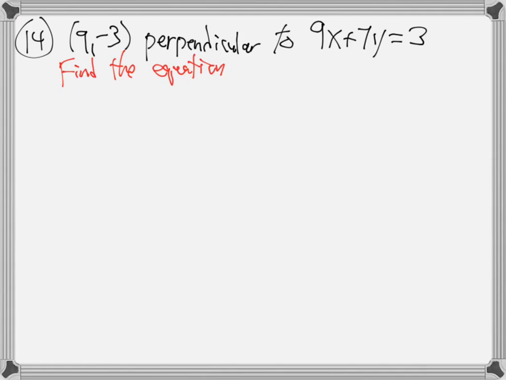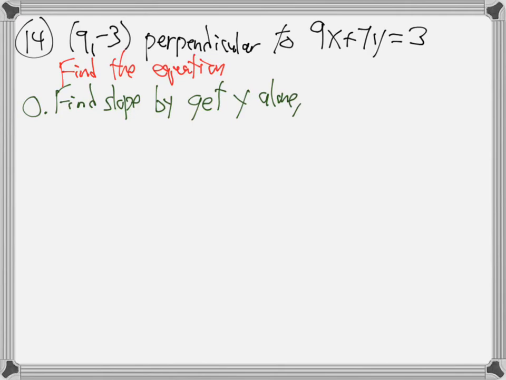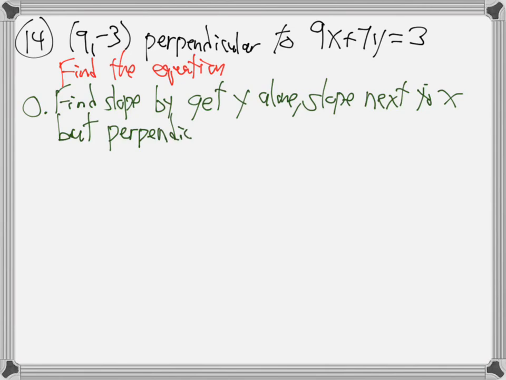So let me write that out. So step 0, find the slope by get y alone, slope next to x, but it's perpendicular.